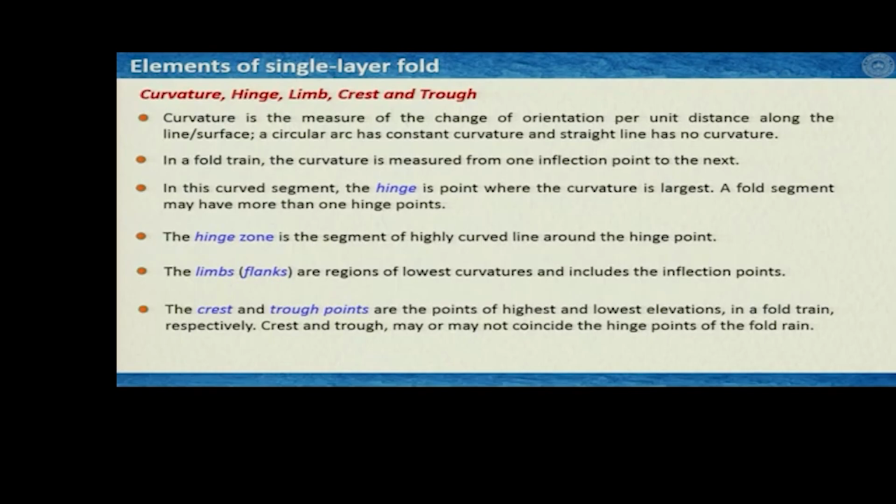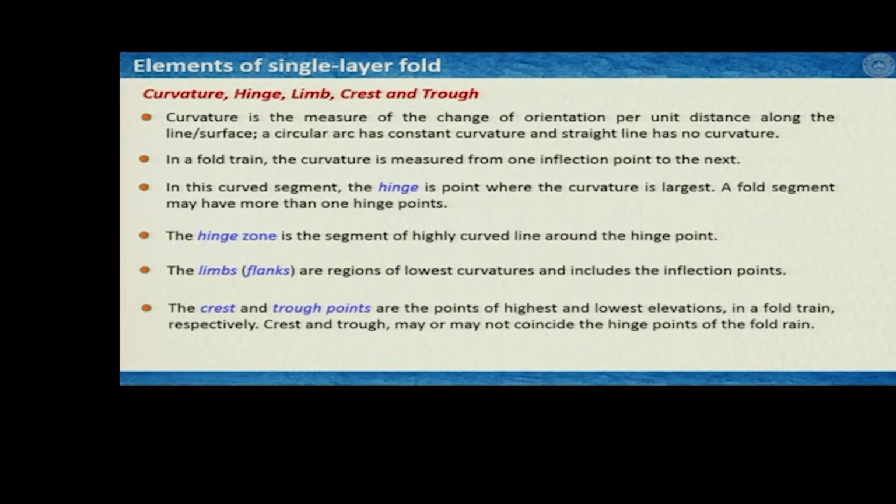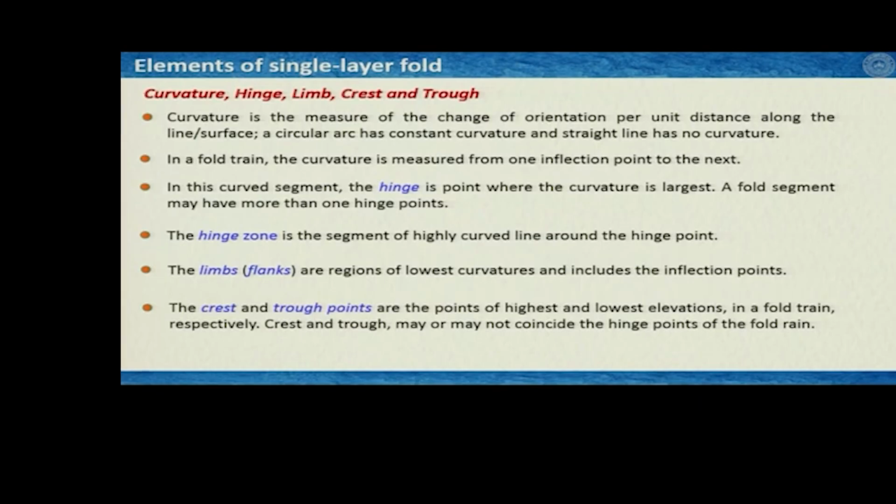If I consider a curved segment of a fold, then we define a typical point on this curved segment, which is known as hinge, a point where the curvature is maximum. Now, not necessarily in a single curved segment of a fold will you have a single hinge, you may have more than one hinge point.